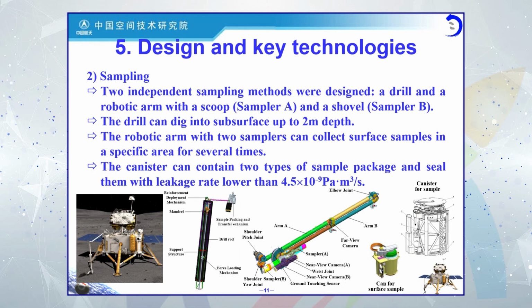On the right, you can see there is a camera for surface sample, and finally all samples collected by the drill and robotic arm will be contained in a canister. Next slide, please.